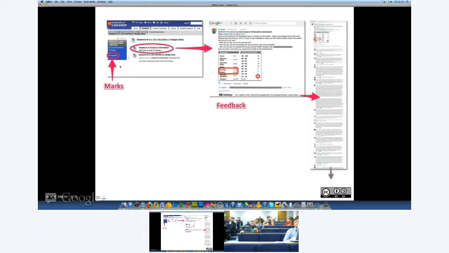And one of the things we experimented with is giving students feedback on assessments via Google+ rather than by Blackboard. The reason we wanted to do that is because we were able to separate the marks that students get in the Blackboard gradebook from their feedback.